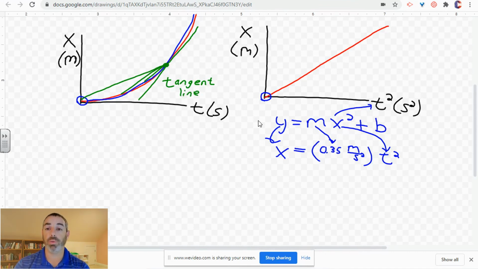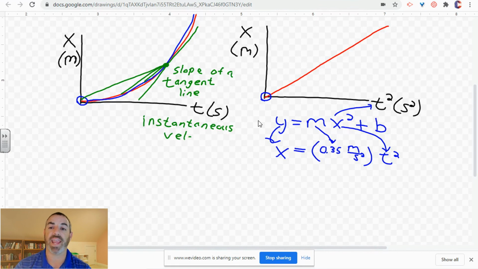Now the slope of that tangent line represents the velocity right at that point, because slope on a position time graph represents the velocity. In this case, the velocity right at that point is called the instantaneous velocity. That's how fast it's moving at that instant in time, or that moment in time. So the instantaneous velocity is determined by the slope of a tangent line.